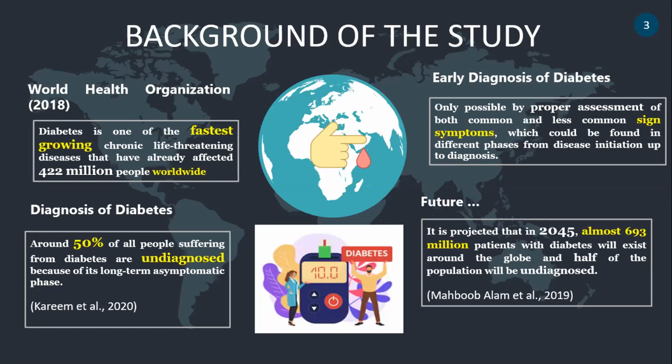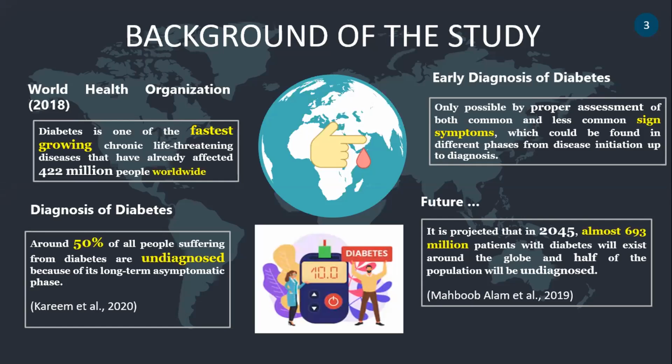And according to the statistics, 50% of all people suffering from this disease are actually undiagnosed because of its long-term asymptomatic phase. So early diagnosis of diabetes is not easy. It's only possible by proper assessment of both common and less common signs and symptoms, which could be found in different phases from the initiation up to the diagnosis itself.